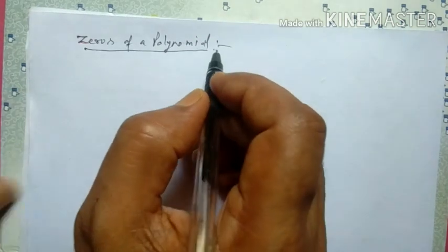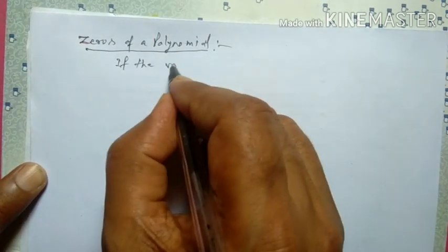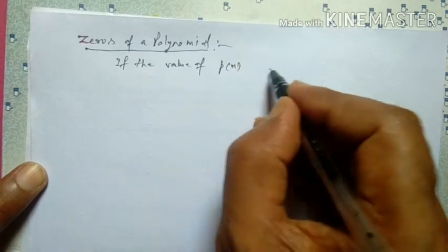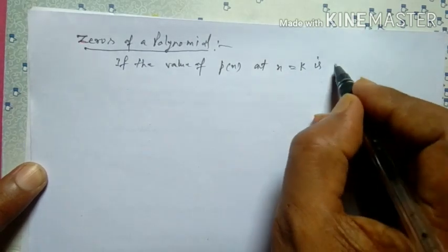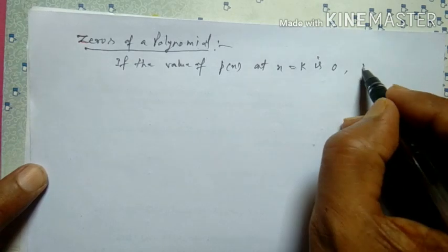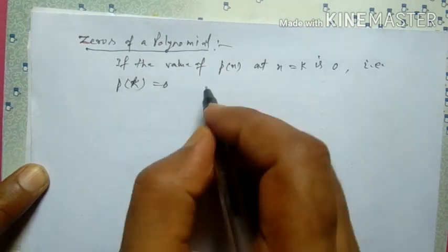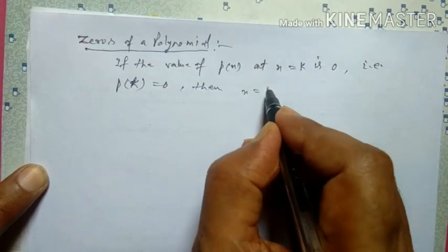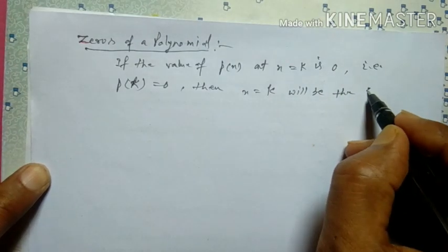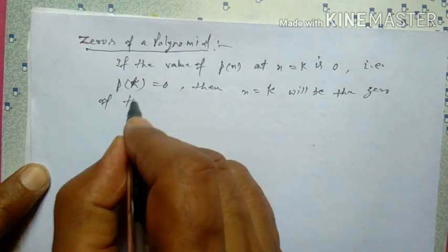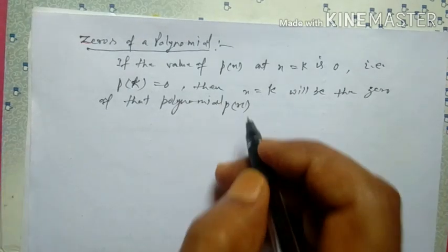If the value of p(x) at x equal to k is 0, that is p(k) equals 0, then x equal to k will be the zero of that polynomial p(x).